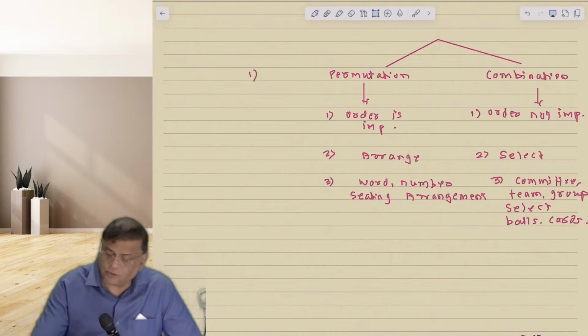That is my first point of discussion: how will you identify whether it is a permutation or a combination?